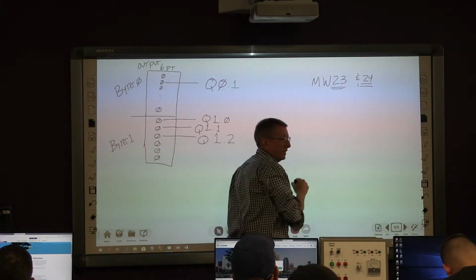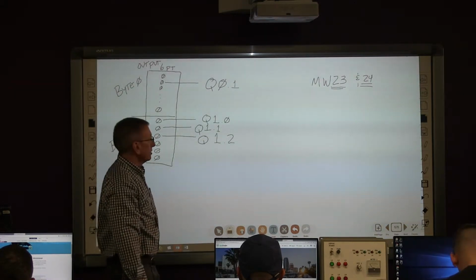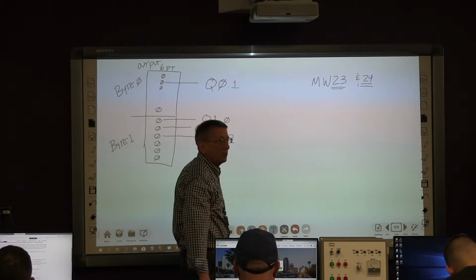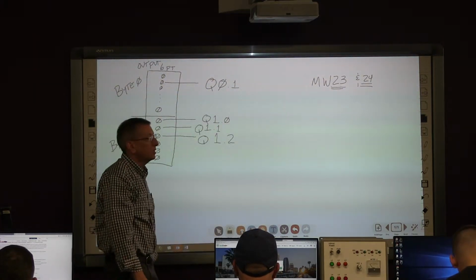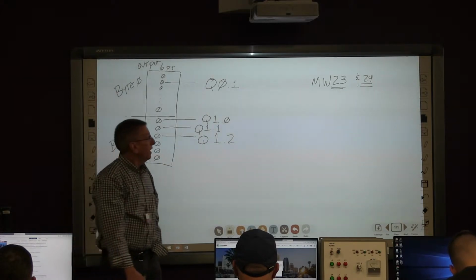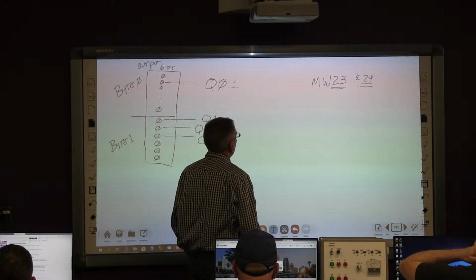You'll see that once we get into analog. That makes sense? Because this is really the starting byte address. Something else you want to make a note of.